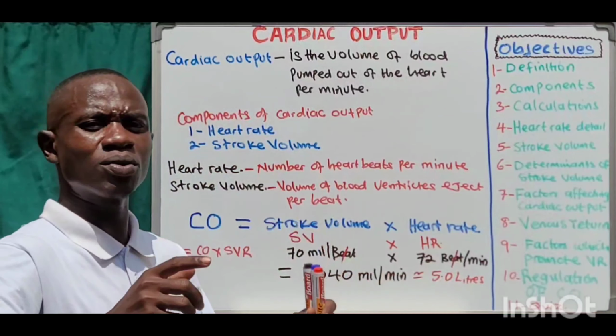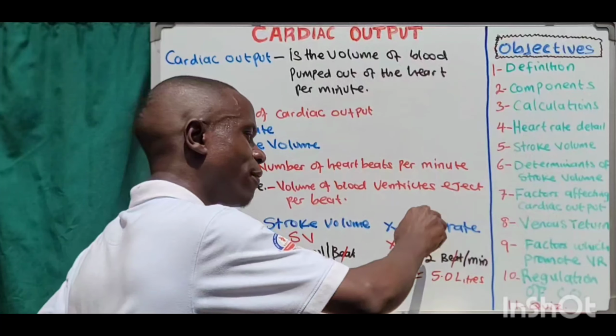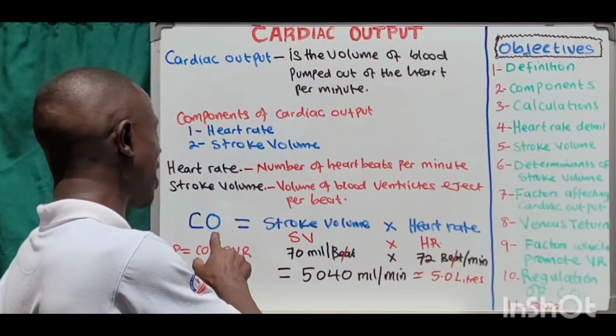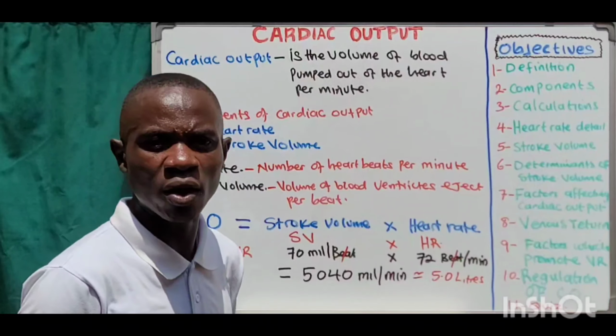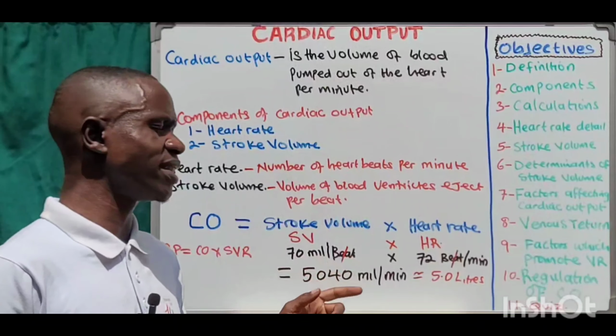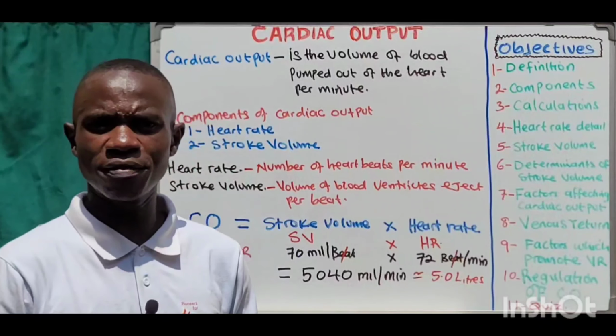We will look at the determinants of stroke volume and the factors that can affect heart rate. We said stroke volume is approximately 70 milliliters, and we shall see how we come up with that 70 milliliters.